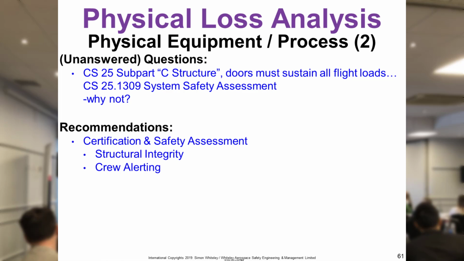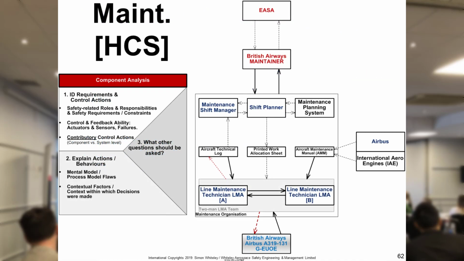So why was that regulation violated? Then we've got CS 25-1309. This basically says you shall do a system safety assessment of your design, and that design should include consideration of the doors. For some reason, Airbus did not do that, and it was not established at the time. Then there are some recommendations. So we can make recommendations immediately on certification and safety assessments, and also on structural integrity and crew alerting.